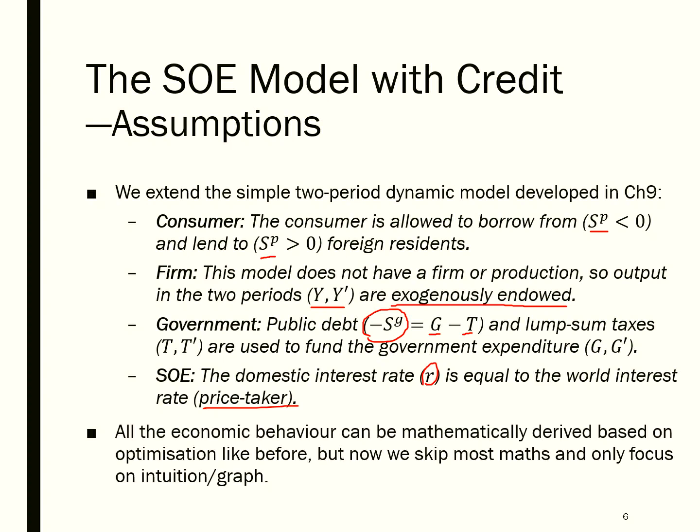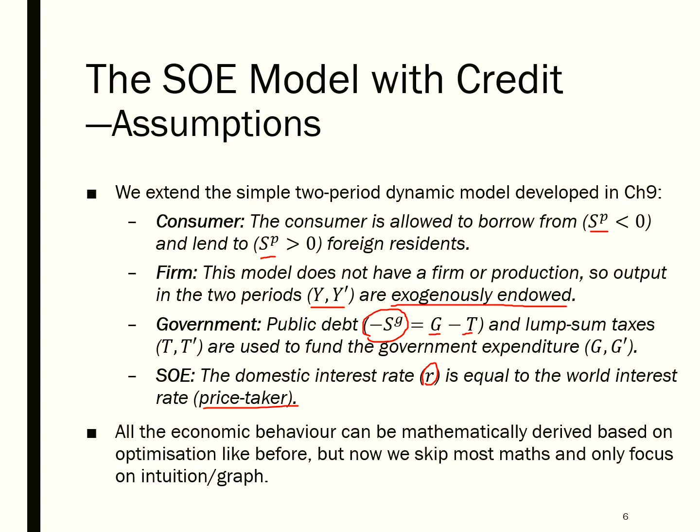Mathematically speaking, all the economic behavior of these individuals will have to follow some optimization rule. After taking the derivative, we can solve the system of equations to obtain the solution of the endogenous variables in terms of the exogenous variables, but because it is too complicated, this module does not require you to be able to solve the system mathematically.